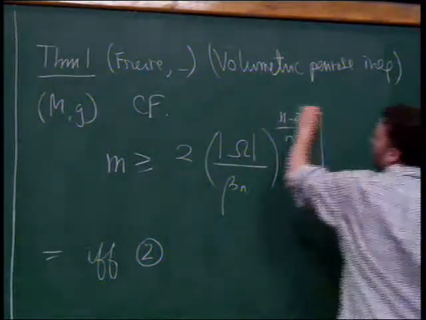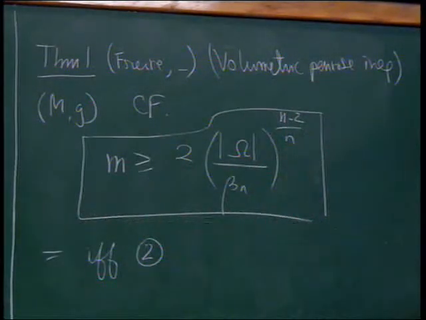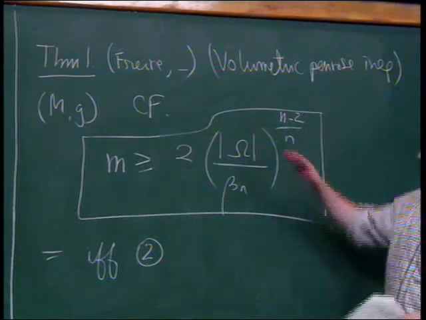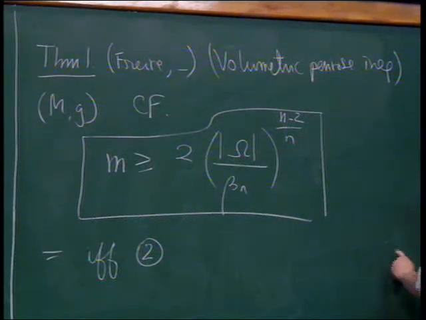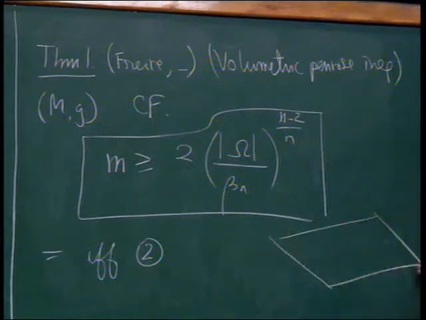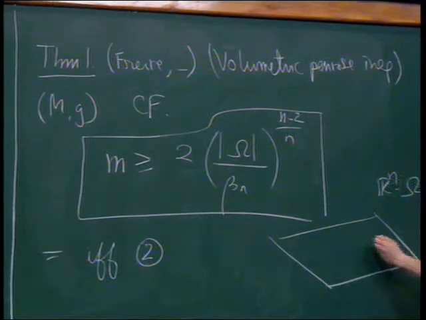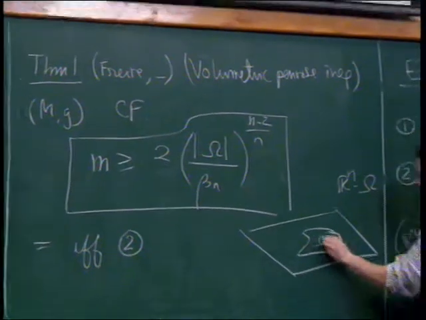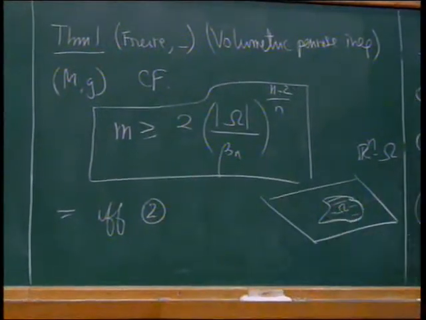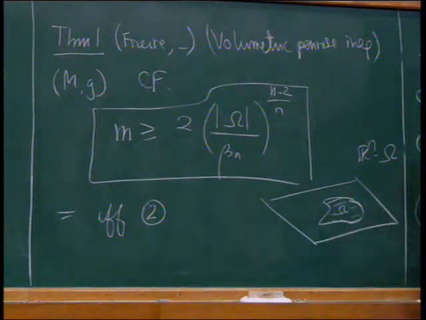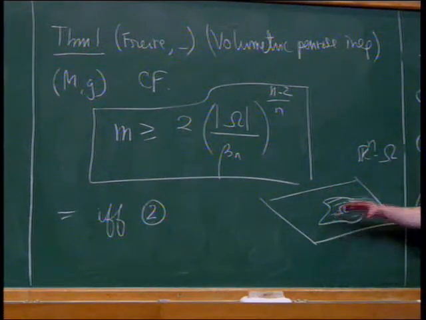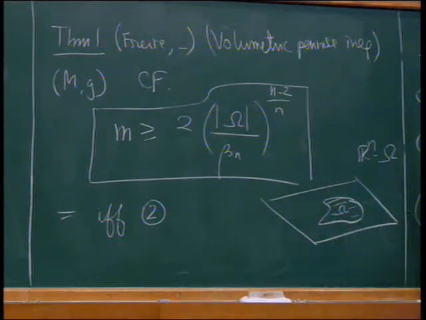So we can prove an inequality like this, which is similar to the Penrose, but now you have a volume. And the volume of what? Well, a conformally flat manifold is a manifold which is R^n with a set omega removed, and then you put a conformally flat metric on the complement of omega. So this omega has some volume, and that volume plays a role in this inequality.